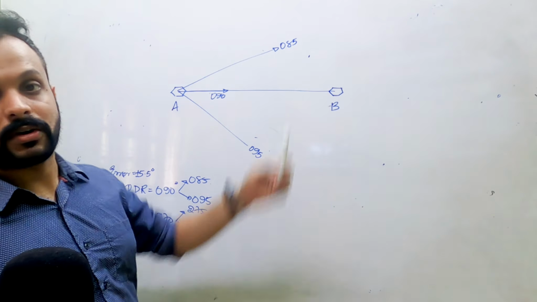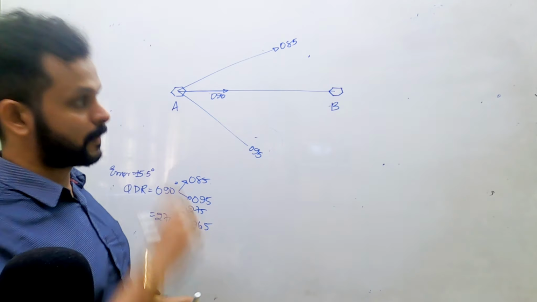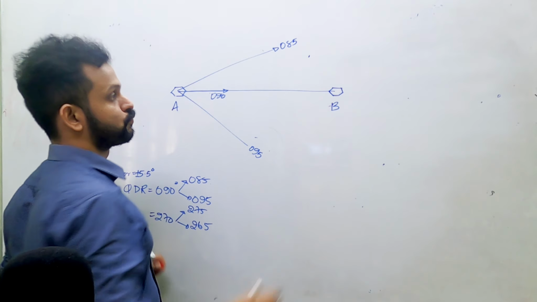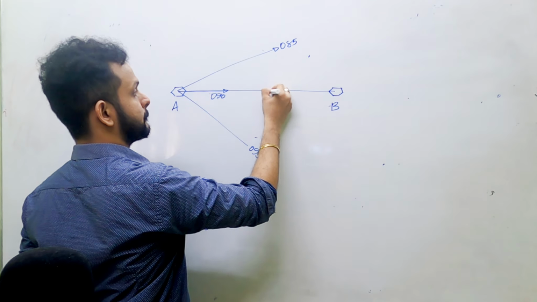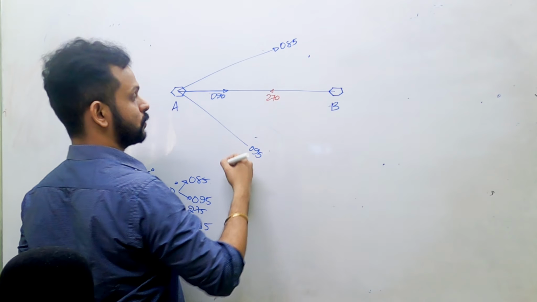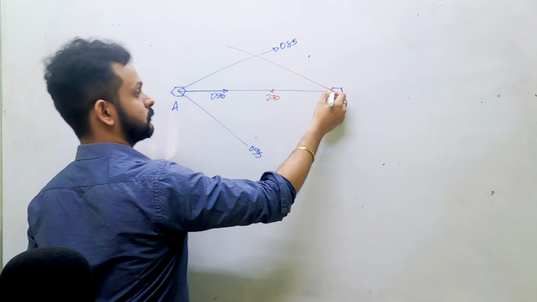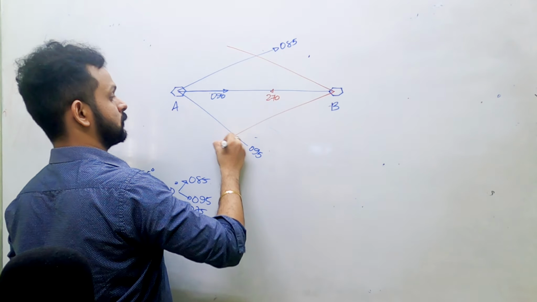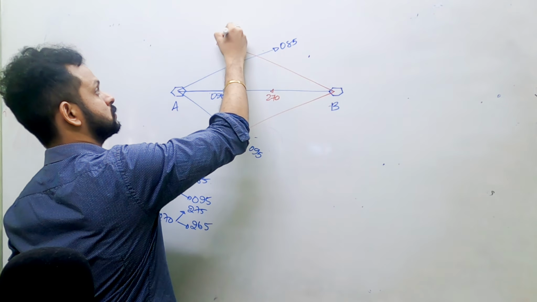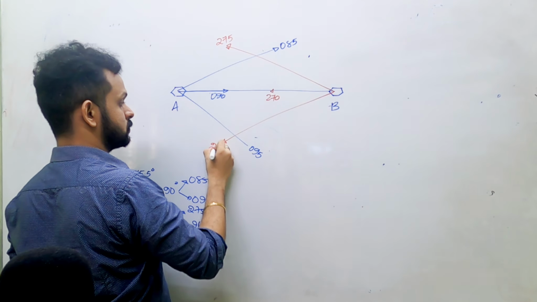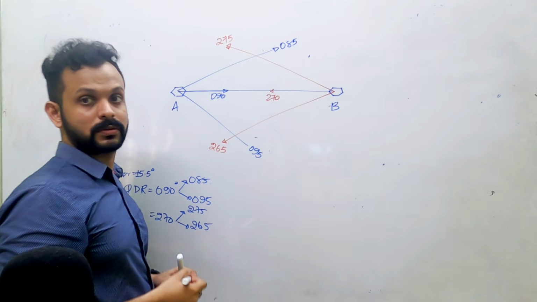What is the inbound radial to VOR B, if you're moving from A to B? It's 270, and with this error, it could be anywhere between 275.5 and 264.5 radial.